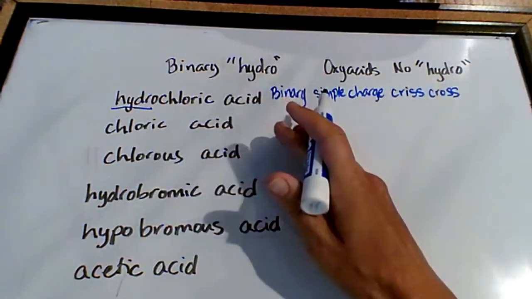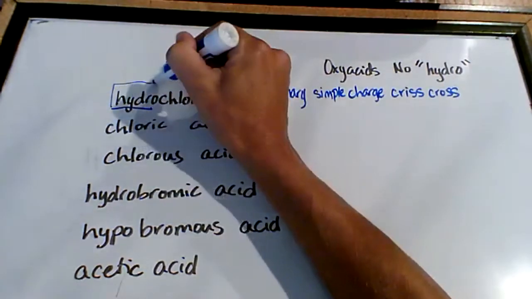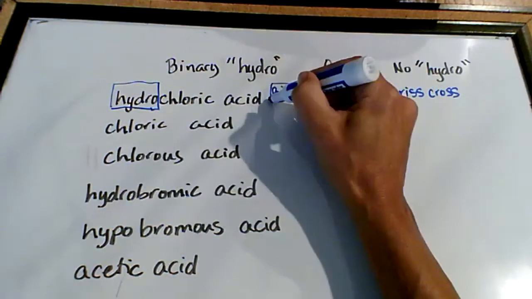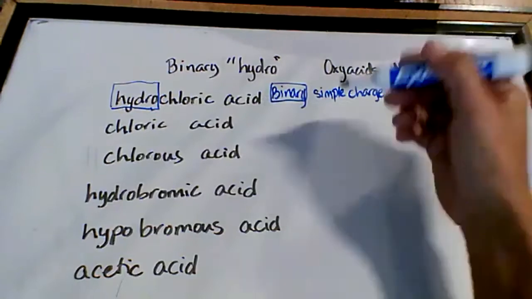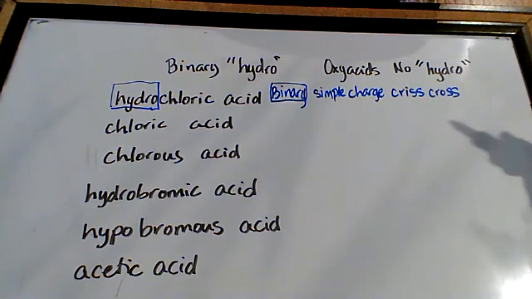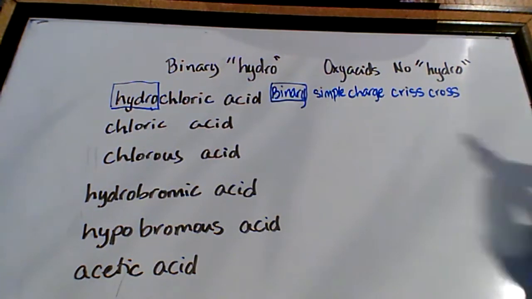So when I look at the first one, I see hydro, and because I see hydro, it tells me that it's binary. So I know that this does not contain a polyatomic ion, unless it was cyanide. But it does not contain a polyatomic ion with oxygen, all right?